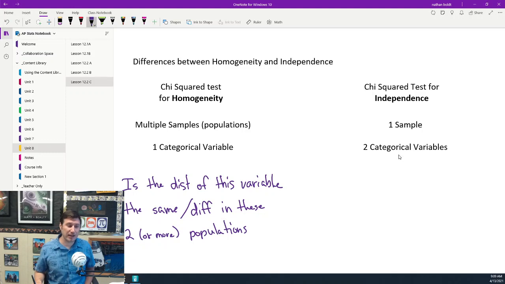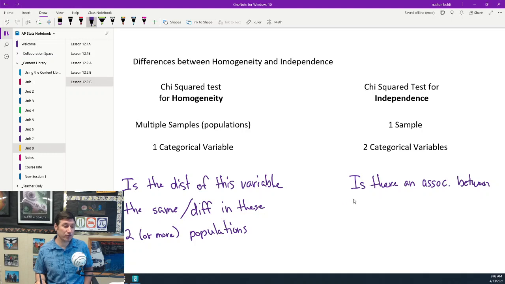Versus the test for independence or association, all right, is testing, is there an association between these two variables in this one population?